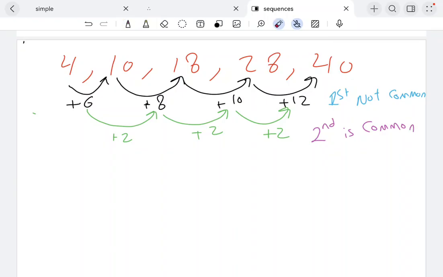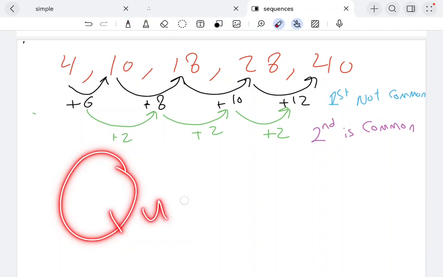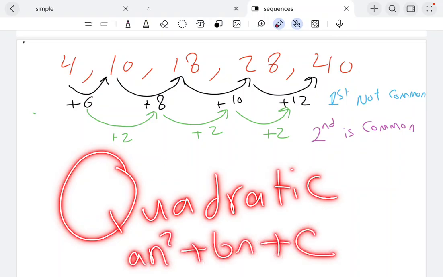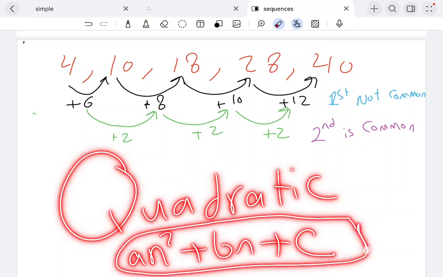That's going to be a quadratic sequence, which means an squared plus bn plus c. As I told you, I don't have to have all of them. For sure, I must have an squared, but maybe I have an squared plus bn, or an squared plus c, or only an squared.